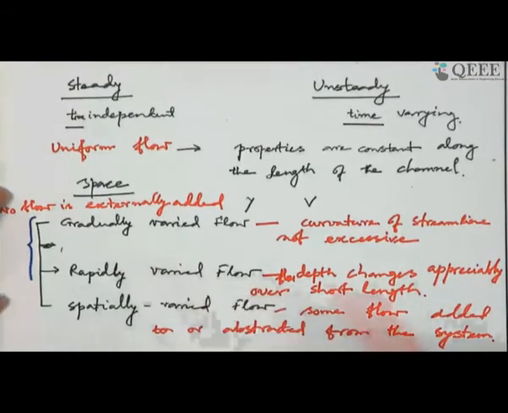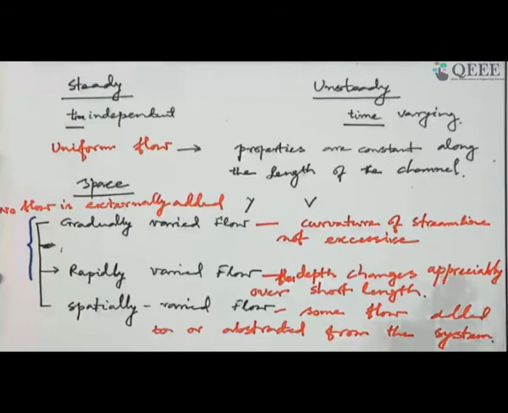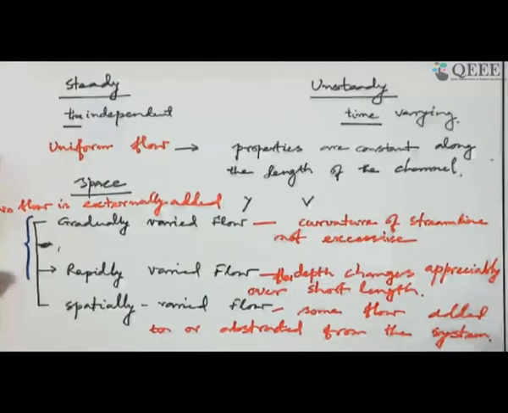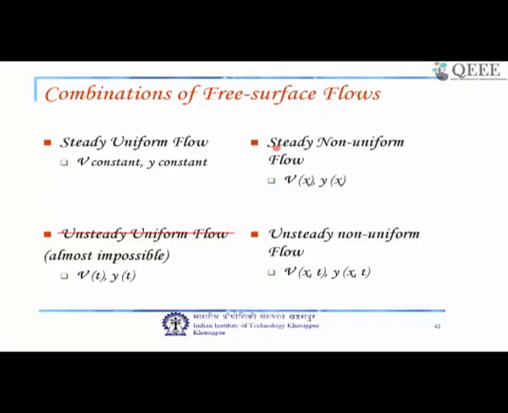In spatially varied flow, if there is addition or abstraction from the system, then only we will call it spatially varied flow. So, combinations of free surface flows.